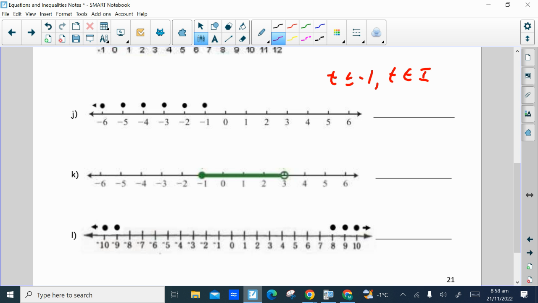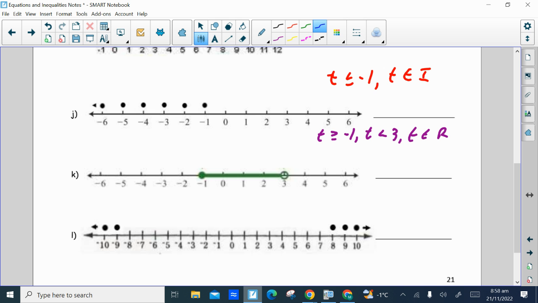Question K has a starting point and an ending point. It starts at -1, which is included. It goes up to 3, which is not included. So you could write it as two statements if you wanted. T is greater than or equal to -1, comma. T is less than 3, comma. T is an element of real numbers because a line is used.